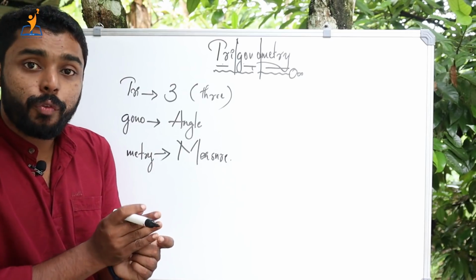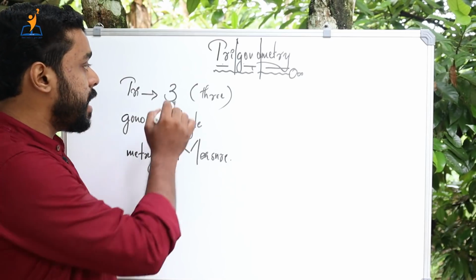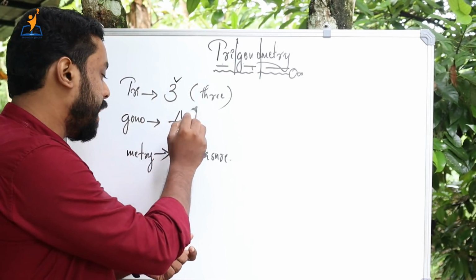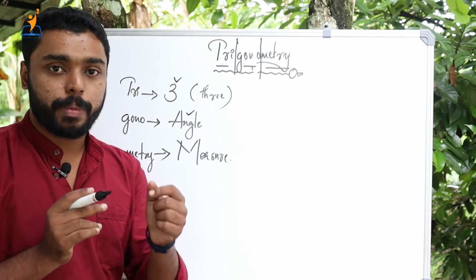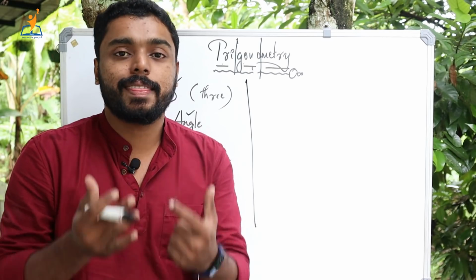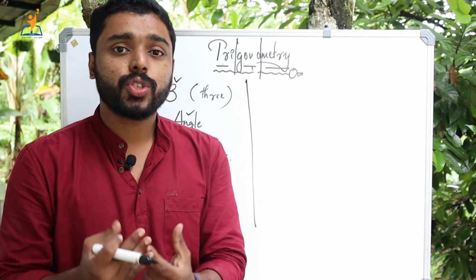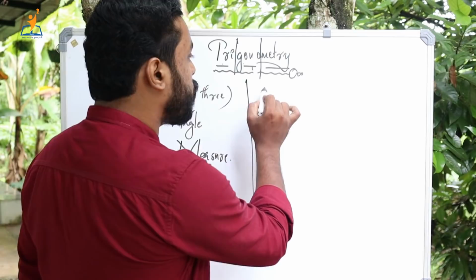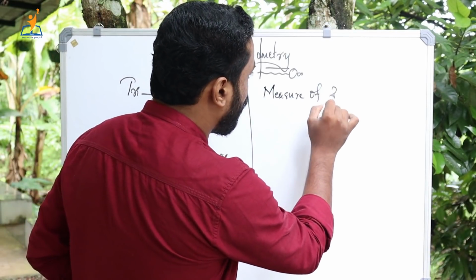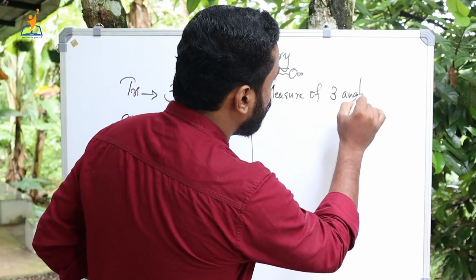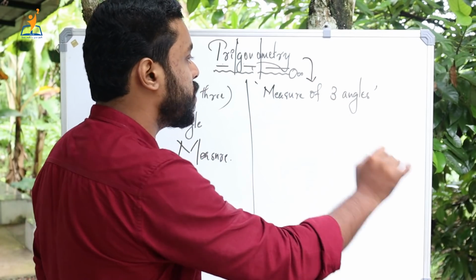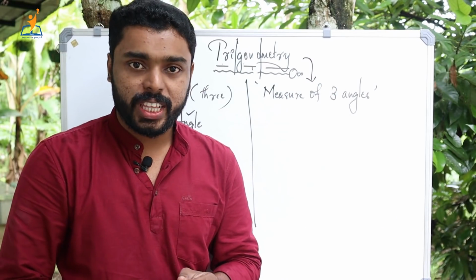Tri means 3, gono means angle, and metry means measurement, which means that trigonometry is a branch of mathematics which deals with the measure of three angles.